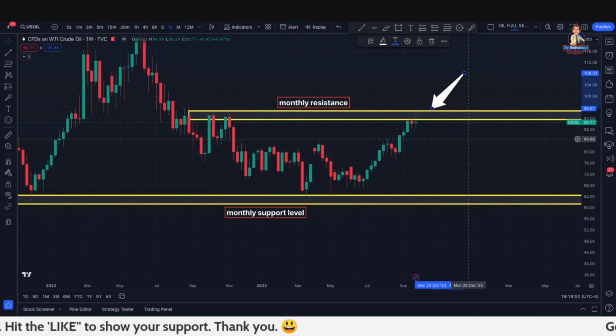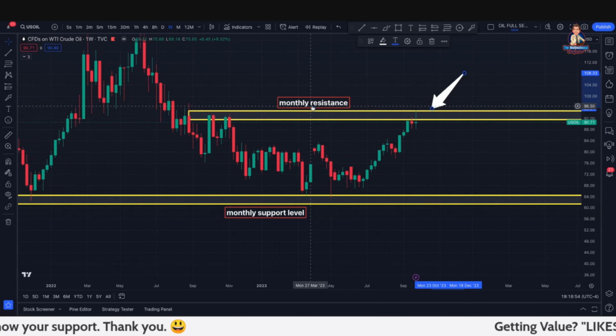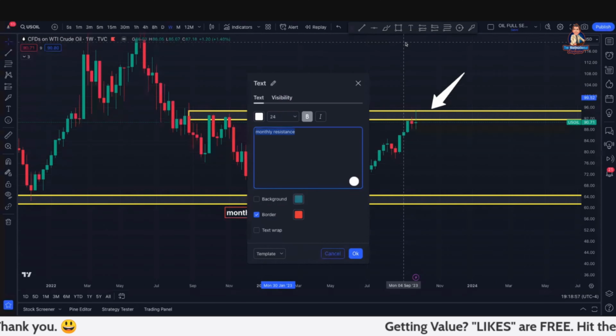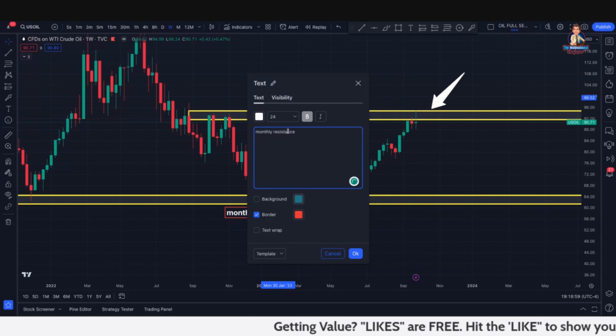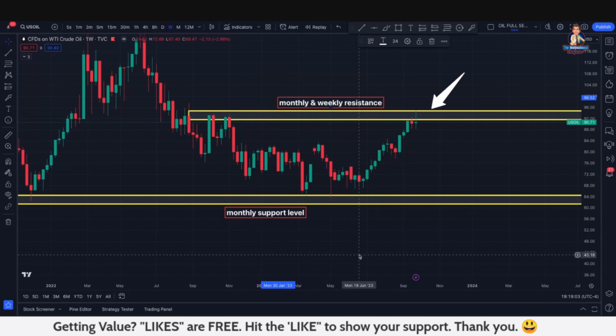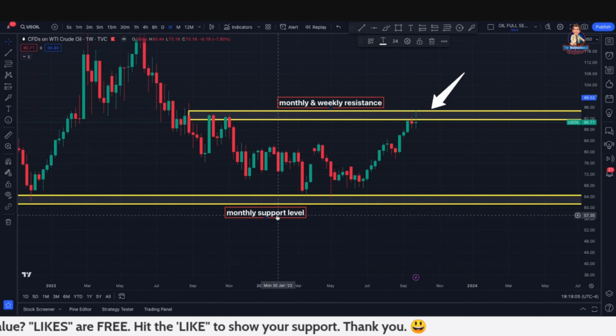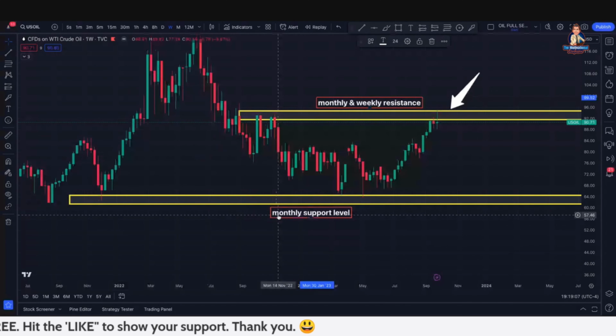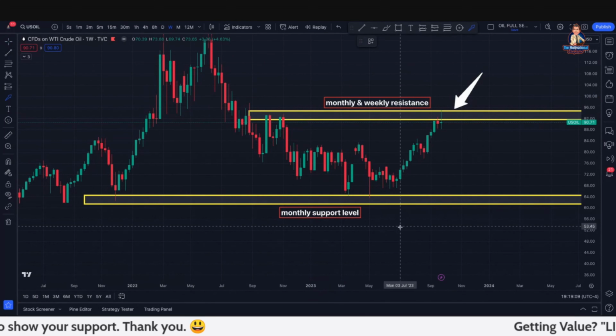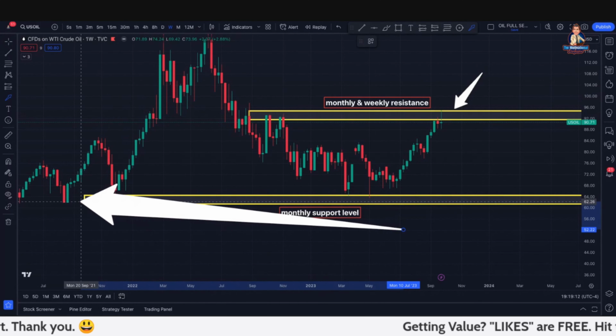So when we look at this here now, we can go back into our text box and actually say this is both monthly and weekly resistance, right? We can definitely see that here. And then as we go here as well, we can grab another arrow and see all the different touch points.